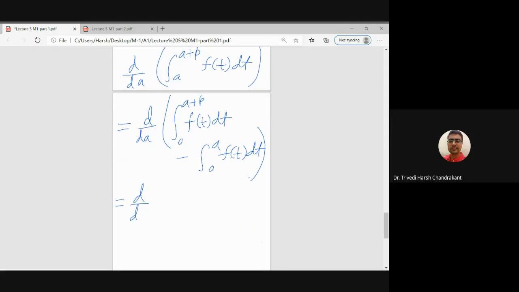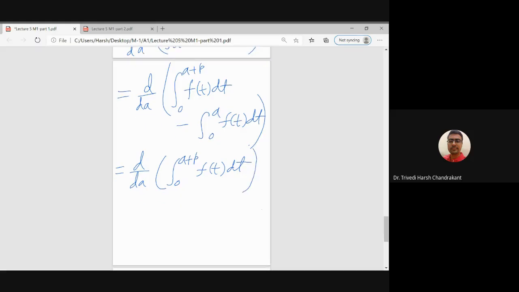This is the derivative of the integral 0 to a plus p f(t) dt minus the derivative of the integral 0 to a f(t) dt. Here basically we use p is greater than 0, so a plus p is bigger than a, right?